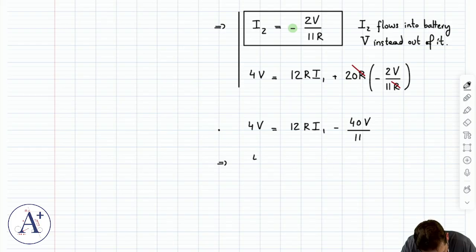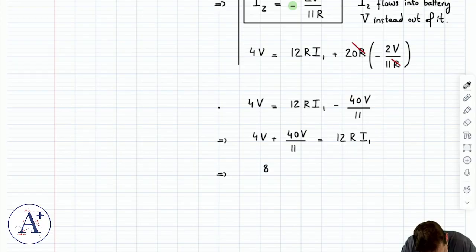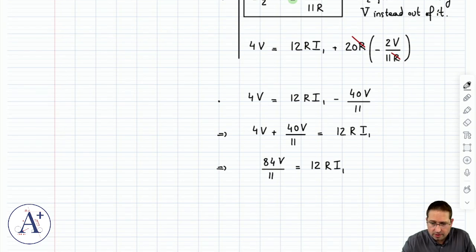I can say that 4V plus 40V over 11 is equal to 12R I1. So 44 plus 40 is 84V over 11 is 12R I1.